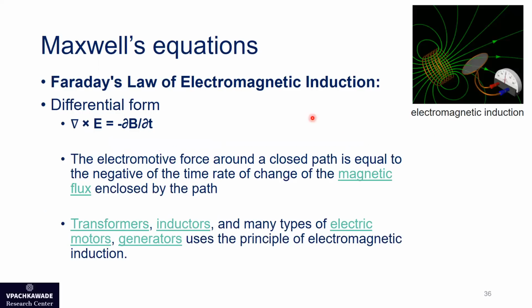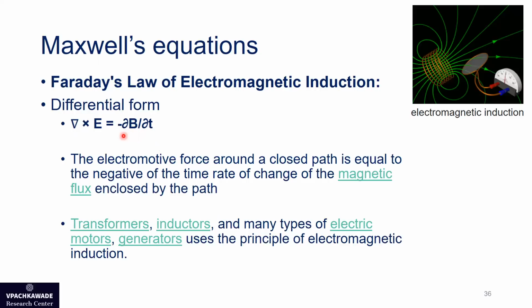Now moving on to the next slide, again we have this differential form of the equation. Del cross E will be produced, which is nothing but the electric field produced when there is a change in the magnetic field. And how to read this equation?